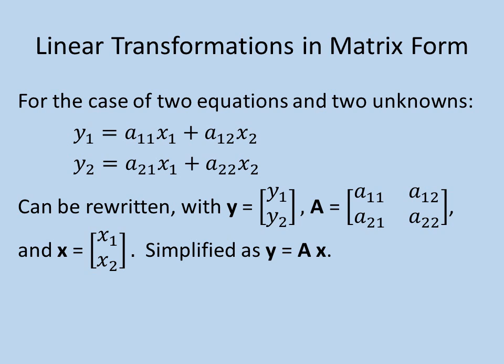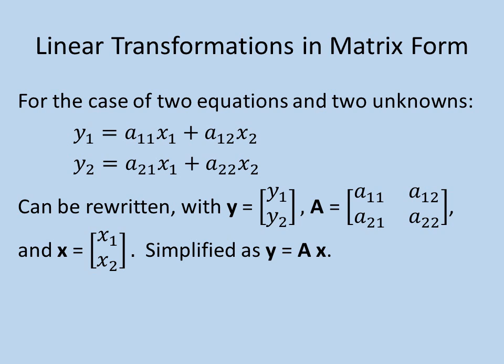So we have variables y, x1 and x2, and constants a11 and a12. Our next equation is y2 is equal to the constant a21 times the unknown x1 plus the constant a22 times the unknown variable x2.